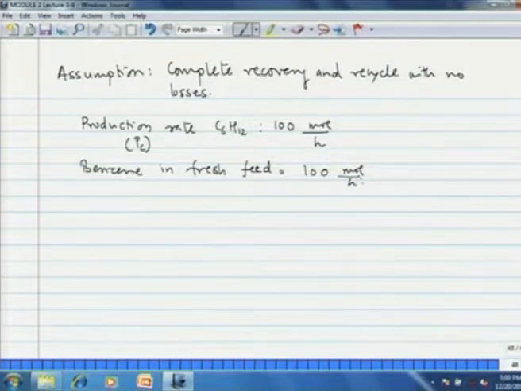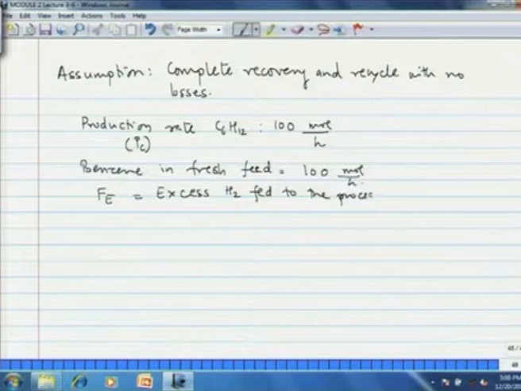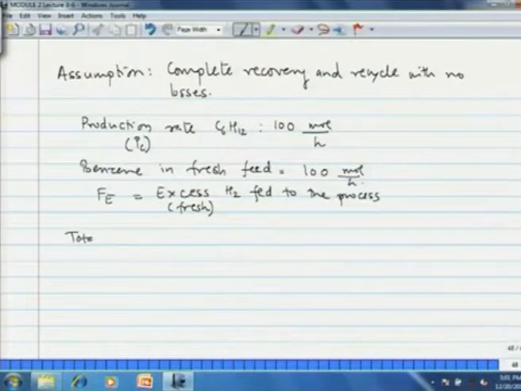So, let us say that Fe denotes excess hydrogen fed to the process. Remember, this excess hydrogen is in the fresh gas stream. Having said this, we can immediately write the total hydrogen in the feed. The total hydrogen in the feed would be the hydrogen that is required for the reaction, which will be 3 into Pc, because stoichiometry is 3 moles of hydrogen are required per mole of benzene.